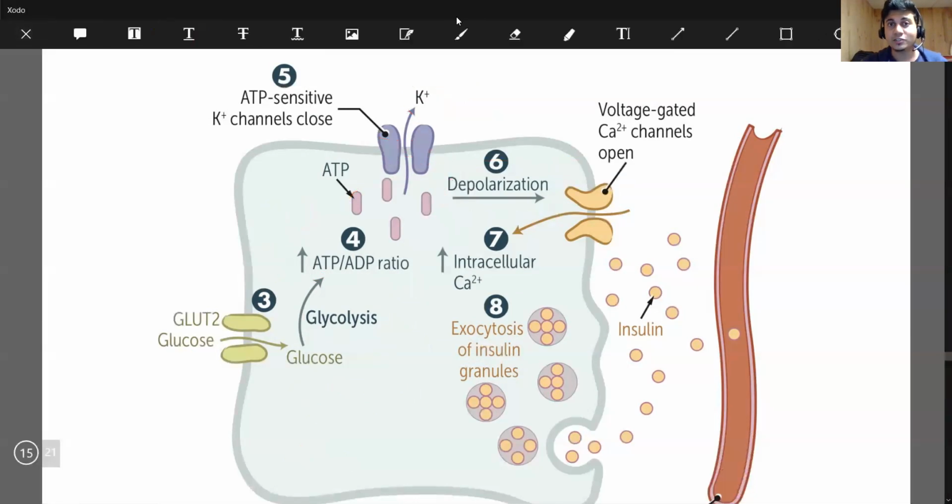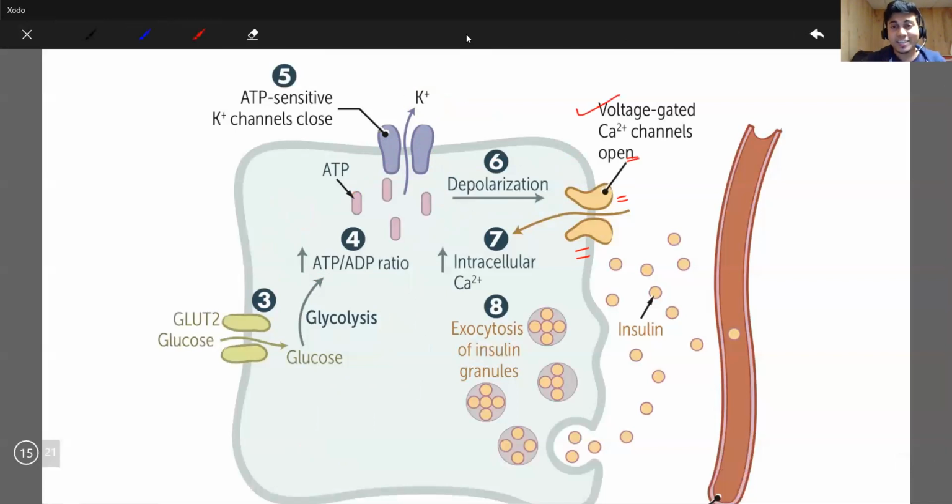When a cell is depolarized, it works as an excitable cell, and it leads to several functions. In this case, when the beta cell is depolarized, certain voltage-gated calcium channels open. Due to that electrical change, the calcium channel opens up, and calcium goes in.